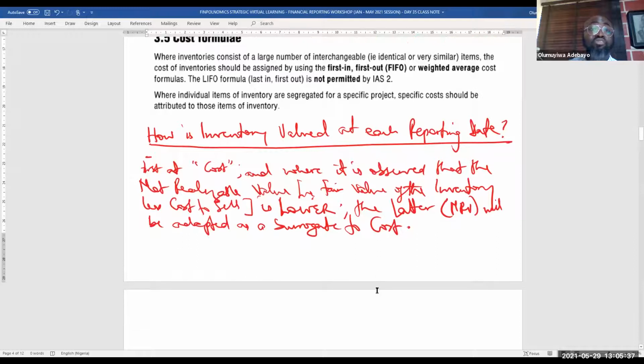Hence, that is what forms the basis of valuing inventory.